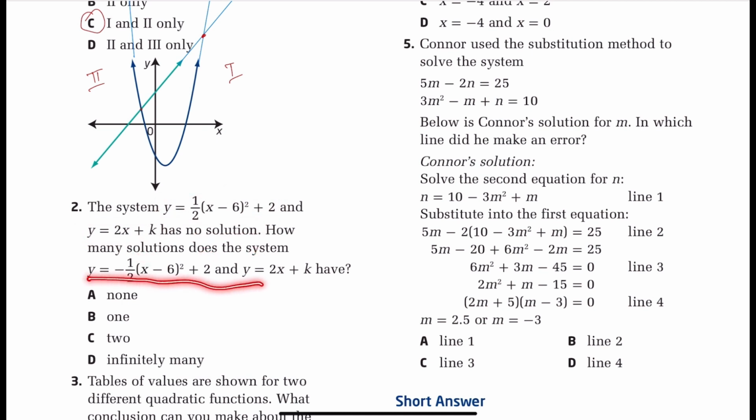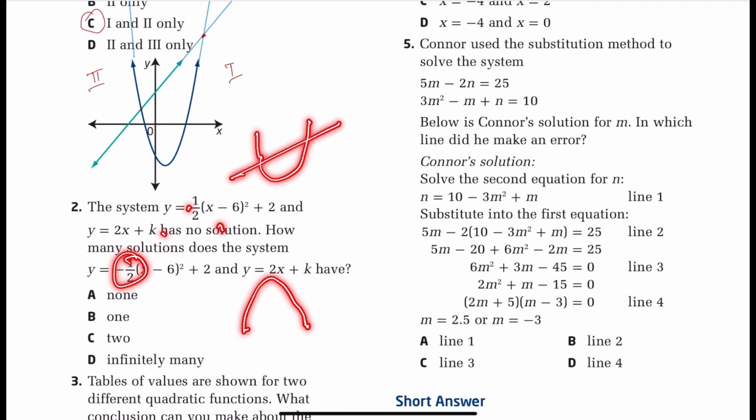The only difference between these two equations is here, the minus. So this one is a parabola looking down, and this one is a parabola looking up. This one is a line with a positive slope, and this one is also a line with a positive slope.